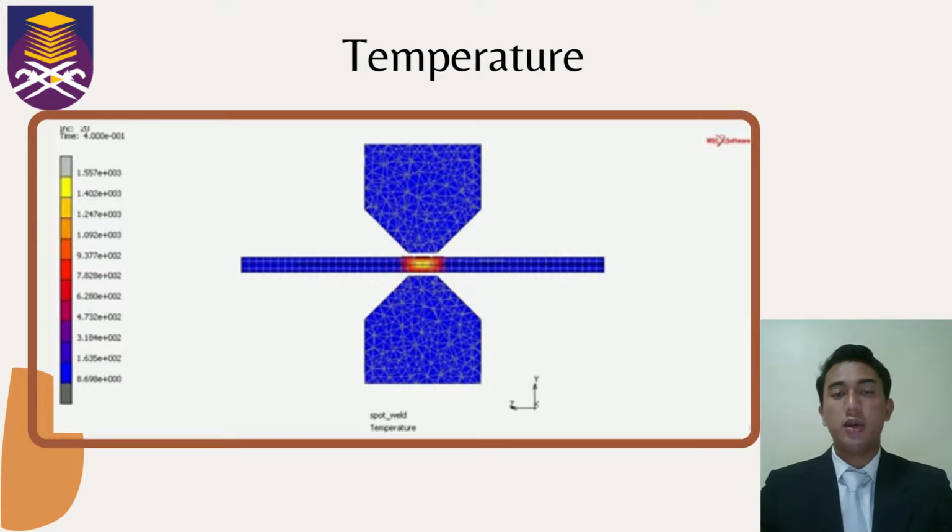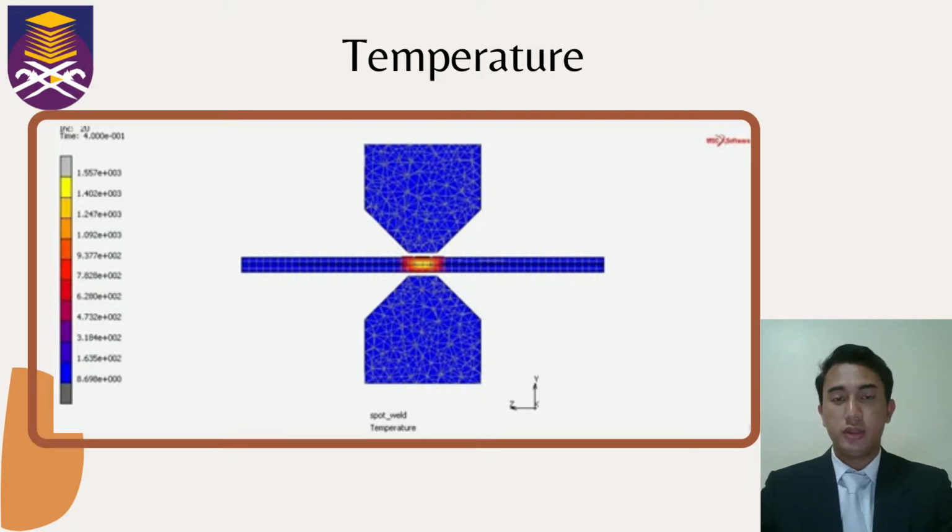The analysis of the temperature can be seen on the model. During the process, the highest temperature occurred at the center of the nugget. On the left side of the diagram, the gradient represents the temperature of the weld nugget, where yellow is the hottest one, while purple is the coolest one.